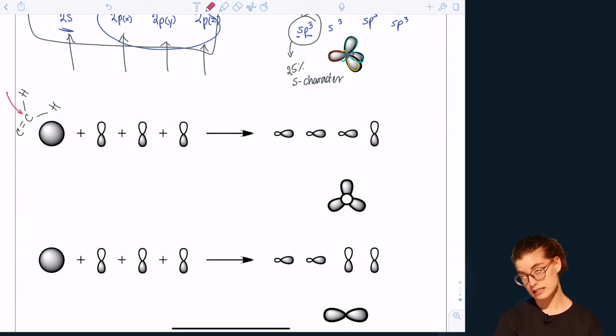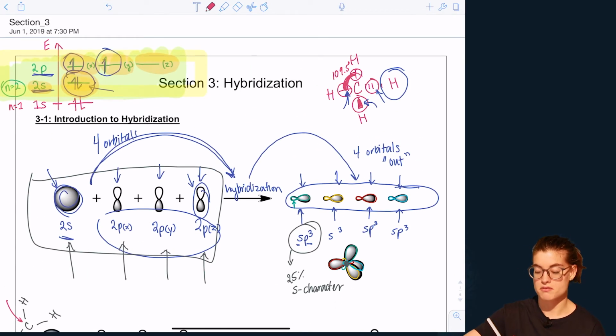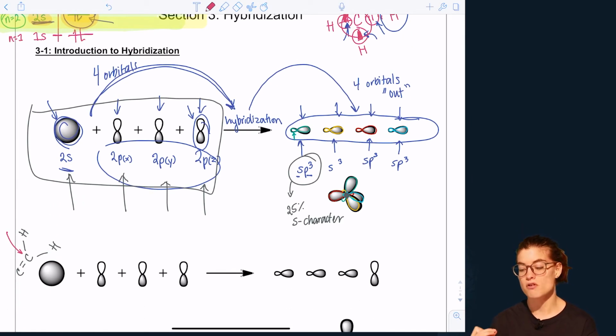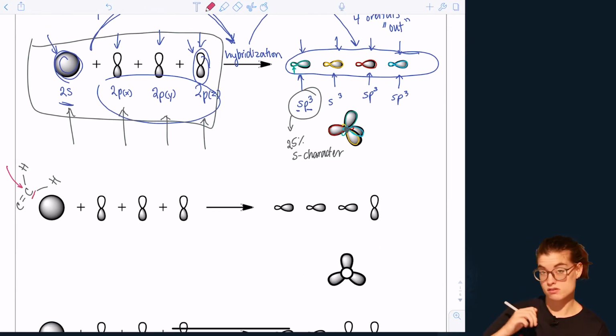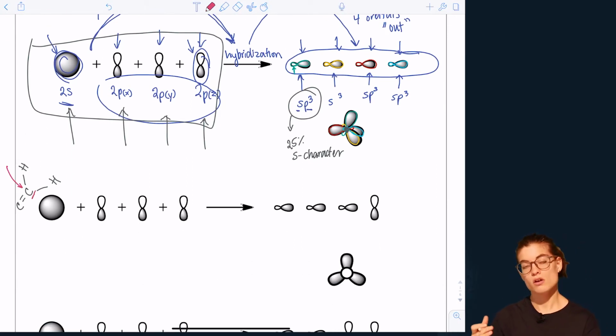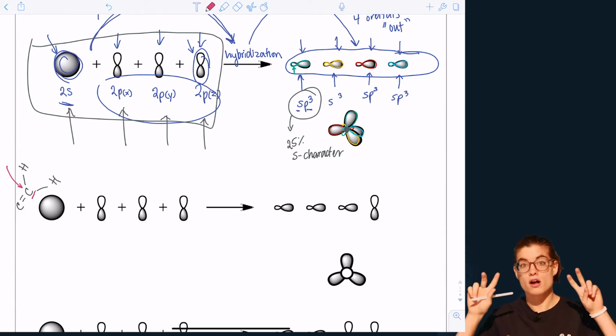Now, technically, that carbon still has 4 bonds. So I think in my last video, I talked about carbon having 4 bonds. Well, I really probably shouldn't use the word bonds because it's not necessarily about the number of bonds. Because technically this carbon has 4 bonds, but really when we go over how to identify hybridization, which will be in the next couple videos, I will talk about electron groups.